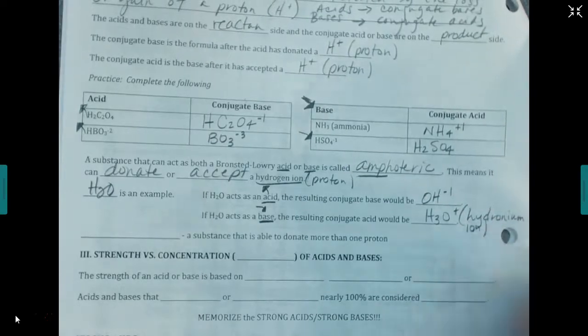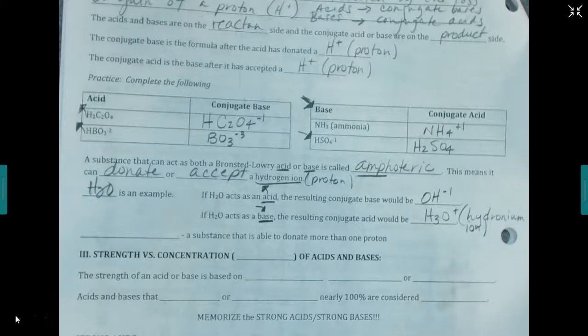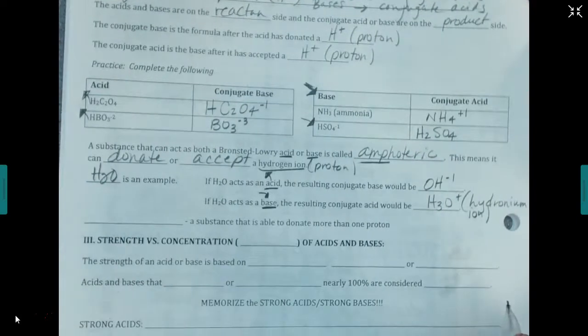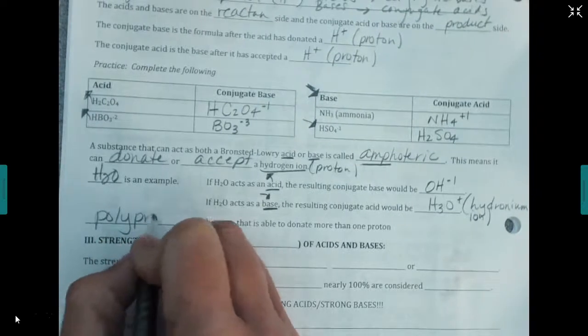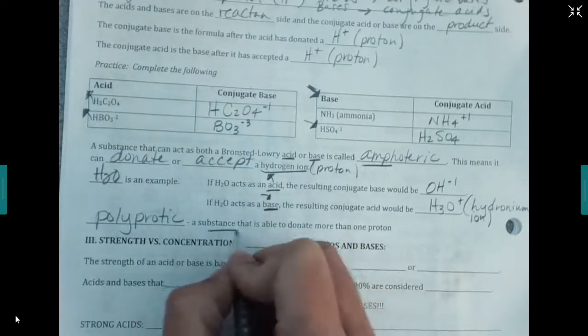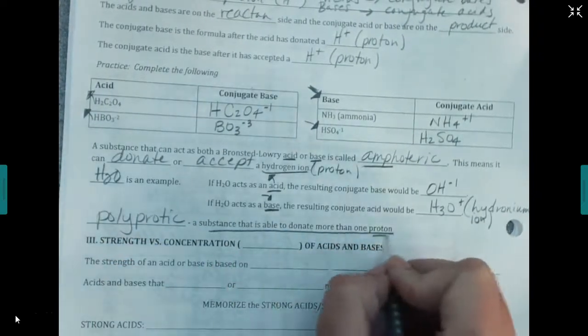And we're going to go into that when we talk about pH. So a substance that is able to donate more than one proton is called polyprotic.